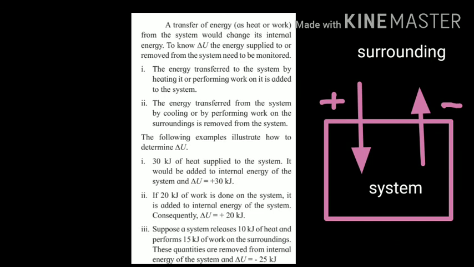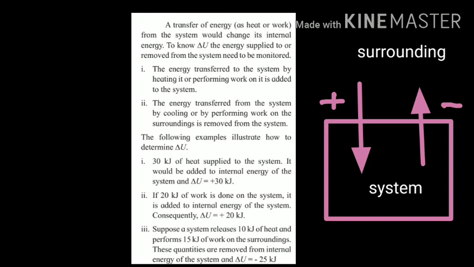The third example is suppose a system releases 10 kilojoule of heat and performs 15 kilojoule of work on the surrounding. These quantities are removed from internal energy of the system, so it is going to have a negative sign. So if you carefully observe this example, work is also done and heat is also released. Heat is released from the system to the surrounding.